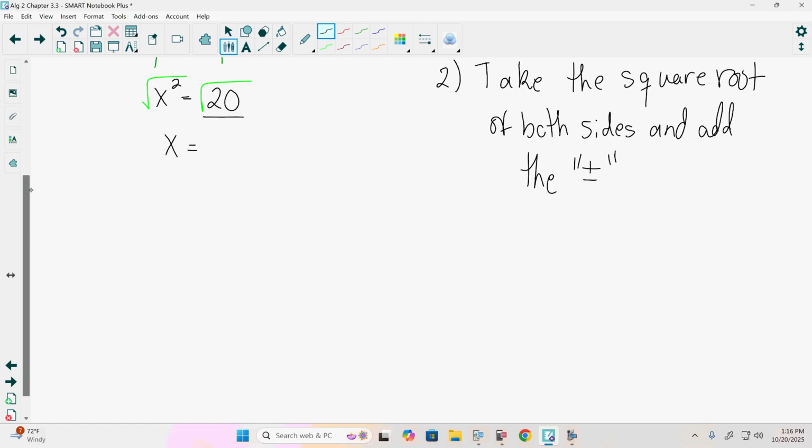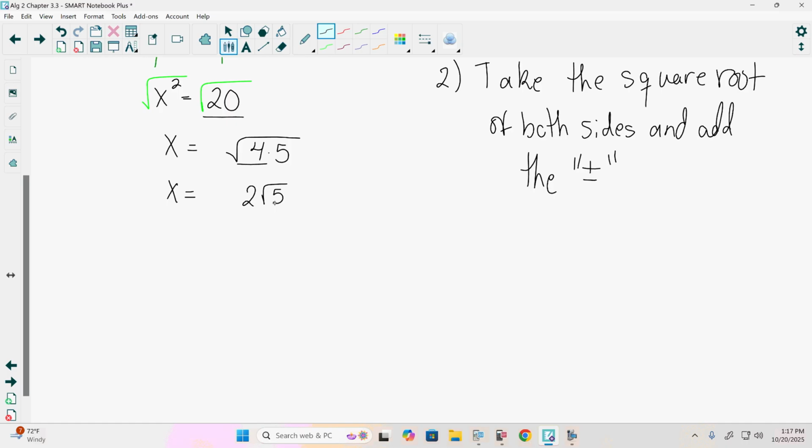So if we wanted to do this by hand, we'd have to break up 20 into a product of primes, or we would look for perfect squares, numbers that times themselves. So 4 would be a perfect square factor of 20, because 4 is 2 times 2. And the square root of 4 would simplify.